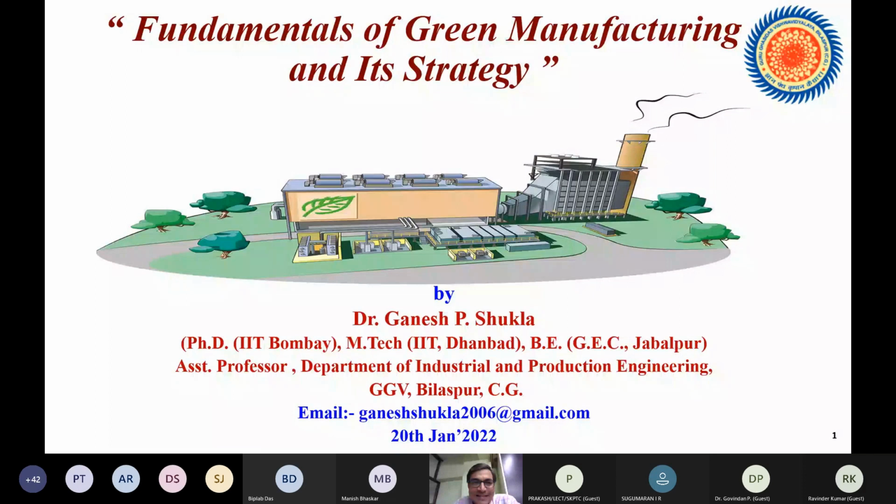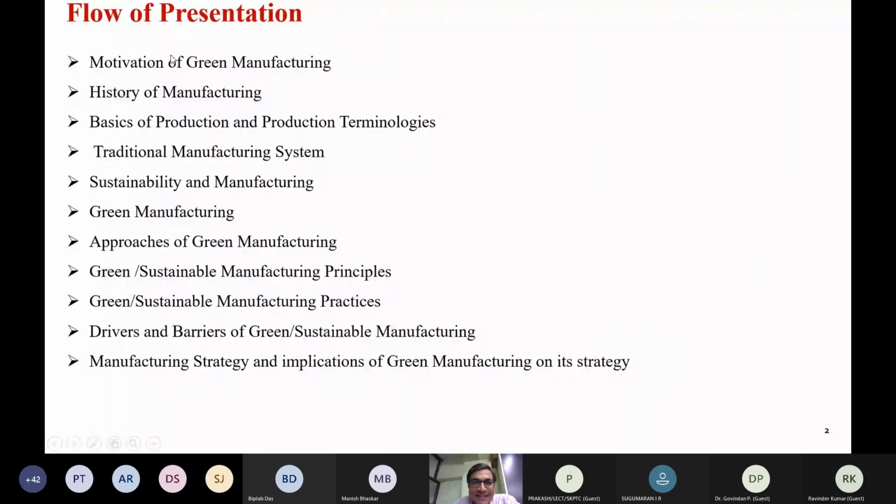Then we'll go through the history of manufacturing and how it evolved. That is also important to understand: what the changes were over the last 100 to 200 years, when it started, how it started, how it moved, and what kind of changes were made during this journey of manufacturing history.